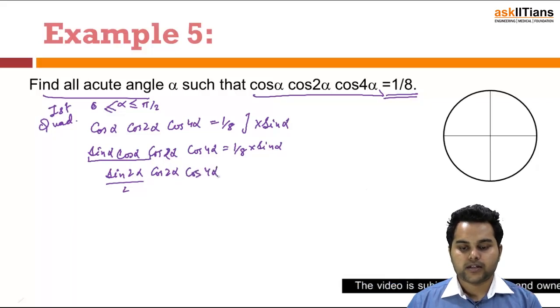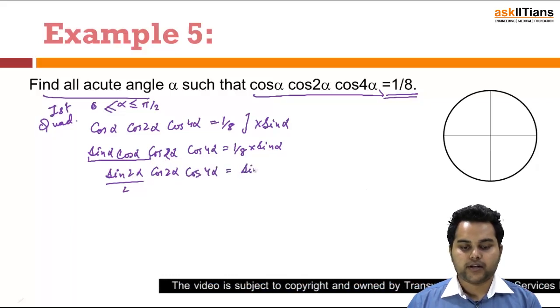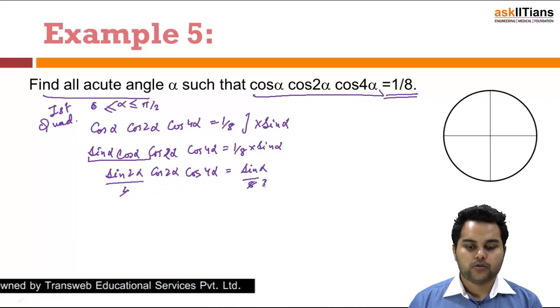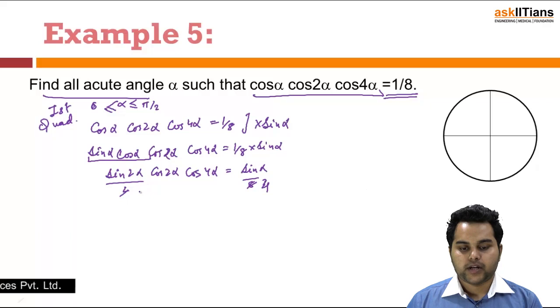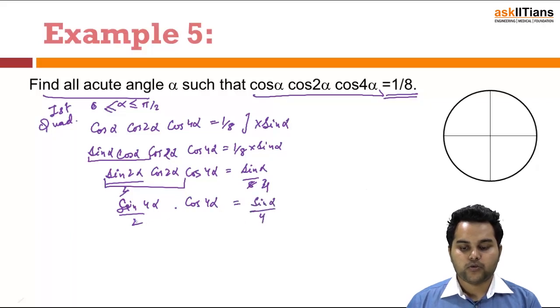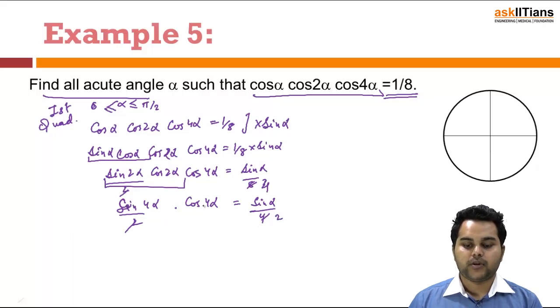Then on the right hand side I have sin alpha over 8. 2 and 8 cancel out. So I get now sin 2 alpha cos 2 alpha is sin of 4 alpha by 2, into cos 4 alpha as it is, and sin alpha over 4. Again 2 and 4 cancel out, giving sin 4 alpha cos 4 alpha is equal to sin alpha by 2.